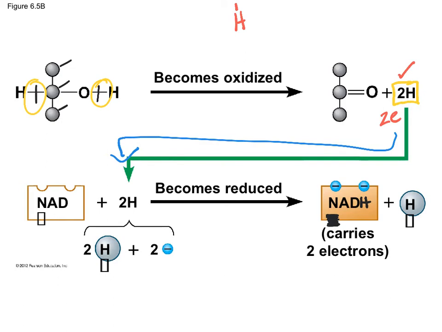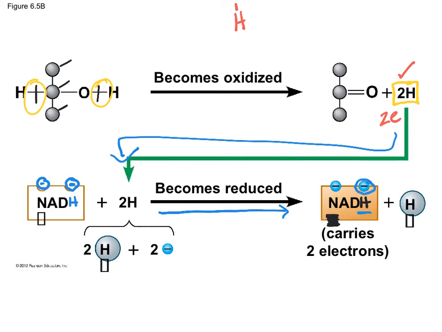Well, the NAD can carry 2 electrons, so 1 here and 1 here, and it can accept only 1 hydrogen. So if we look to the products, NAD becomes reduced to NADH. It accepts 1 hydrogen atom itself, and this would be that hydrogen's electron.